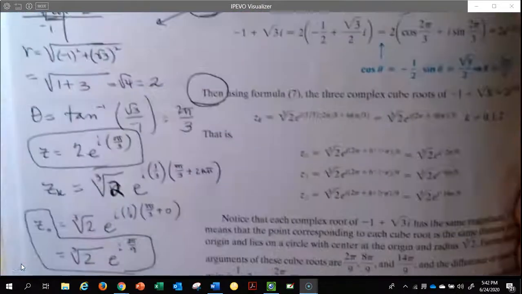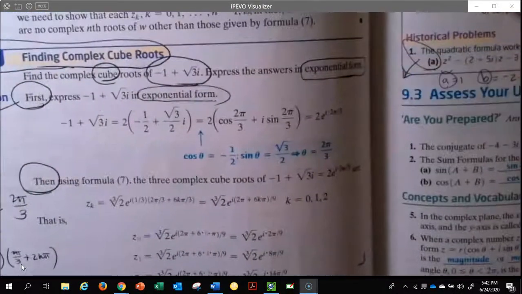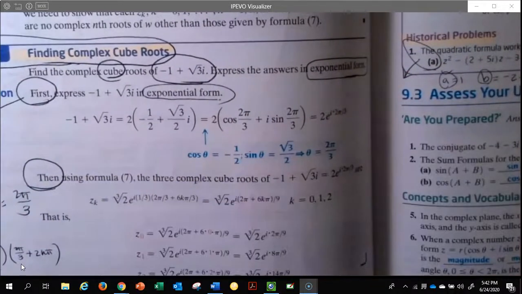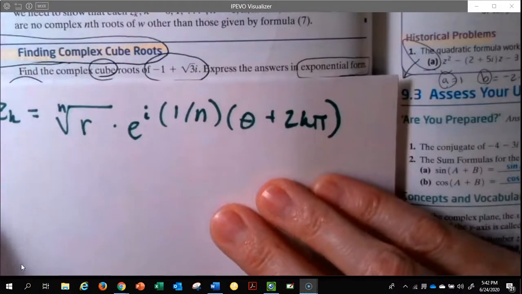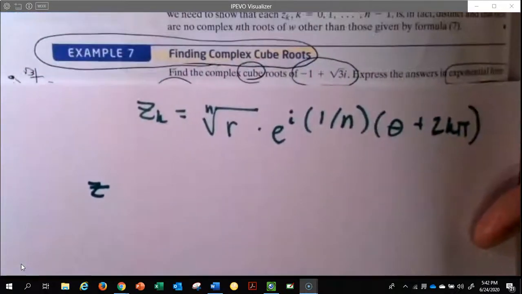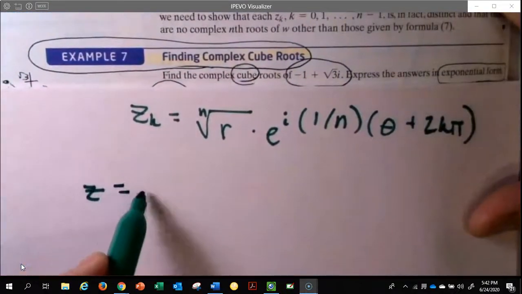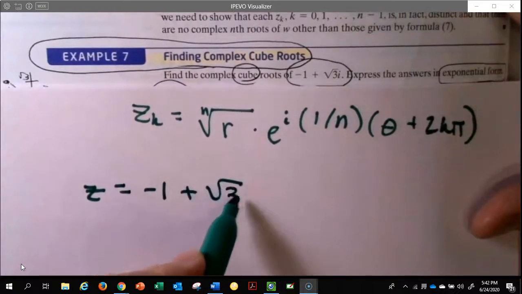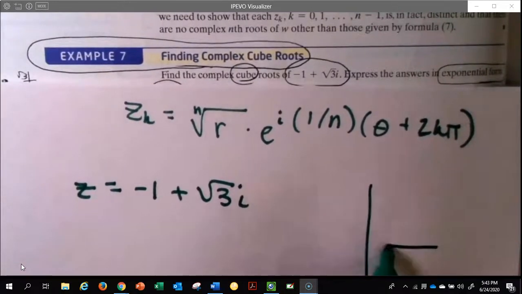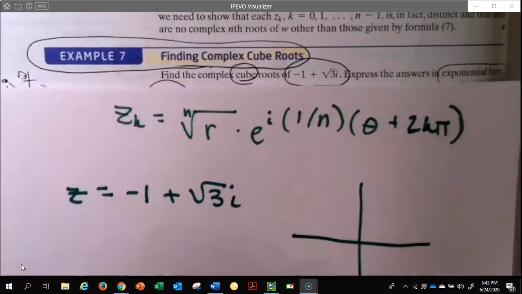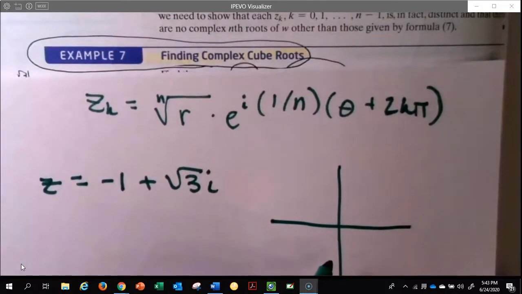So back to example 7, which is on page 606. And so looking at page 606, I get all excited and I come right here, and my z is negative 1 plus square root of 3i. This is the last problem I'll be doing with you, so I want to reiterate. I like to look at the graph first thing. I like a drawing, I like a visual of what's going on.